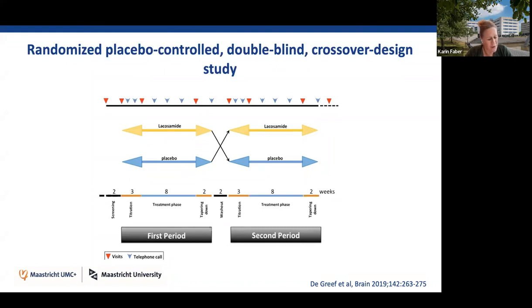During both of the two phases, the subjects were treated for a period of 8 weeks with 200 milligrams lacosamide twice daily or placebo, preceded by a titration period and ending by a tapering period. The patients filled in a pain diary twice daily and scored a set of validated questionnaires on autonomic symptoms, sleep interference, and quality of life at multiple study visits.